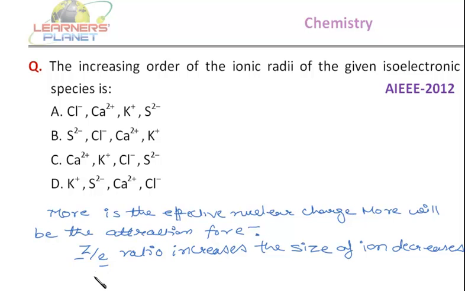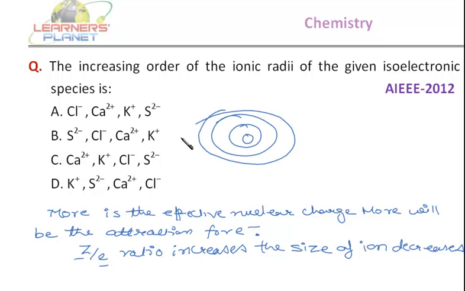This is in the case of isoelectronic species. Right? So, the more the force of attraction by the nucleus, the more closely the electrons are held towards the nucleus. So, the more the force of attraction, the smaller is the radius, or the smaller is the size of the ion.